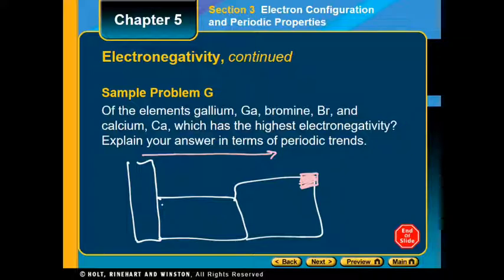Again, fluorine is in that area, so highest electronegativity value is fluorine, and as you move down a group, the trends become smaller. If I label these 3 elements and where they are at, we've got calcium over here, we've got gallium here, we have bromine right there generally. So the one with the highest electronegativity is going to be the one that is closest to the largest box, which is bromine.